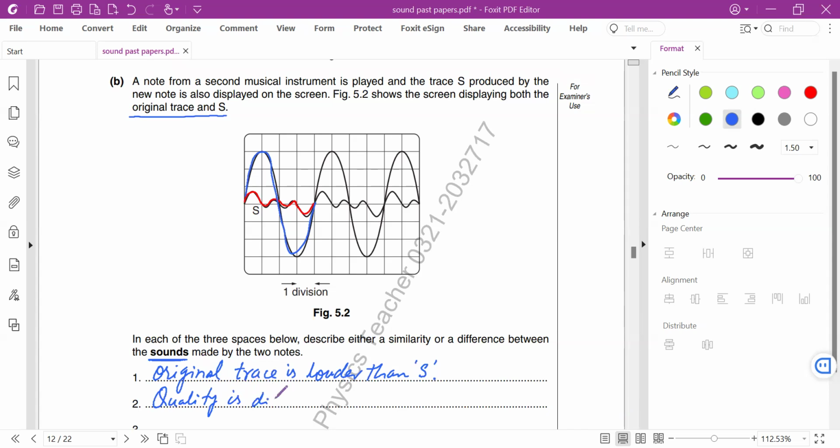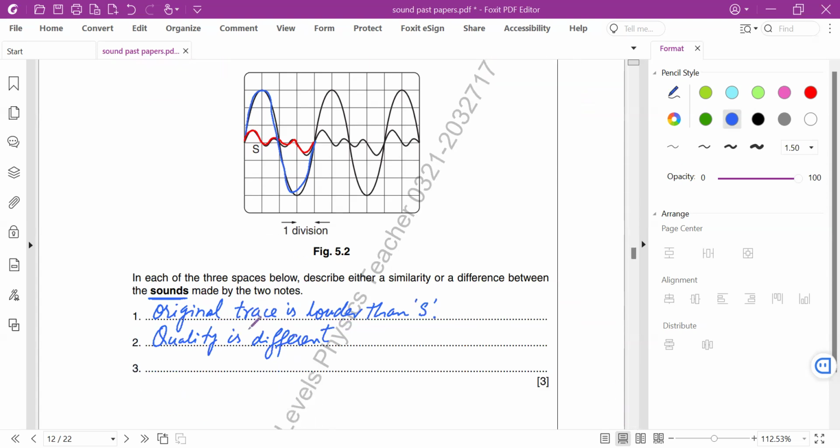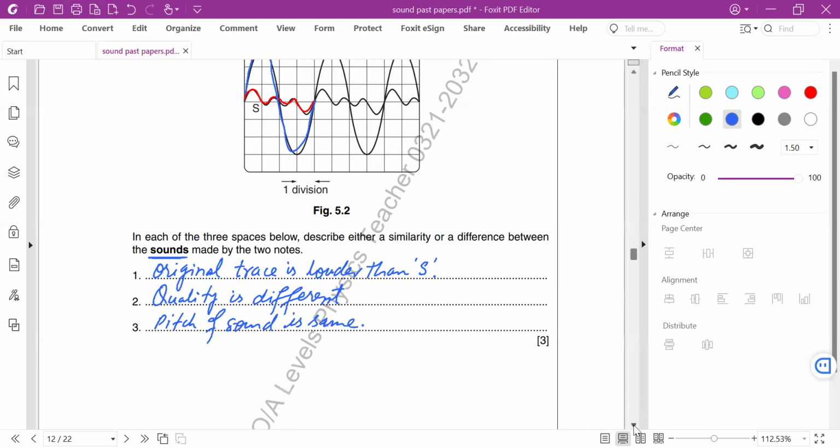We are not writing that the shape of the wave is different because we are discussing sound. The pitch of sound is the same, because the time period is the same.